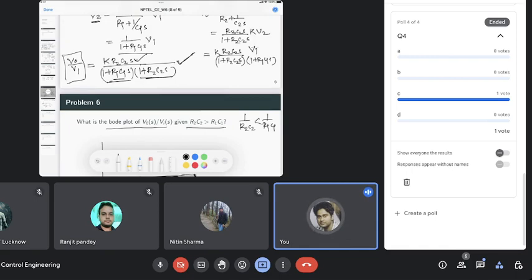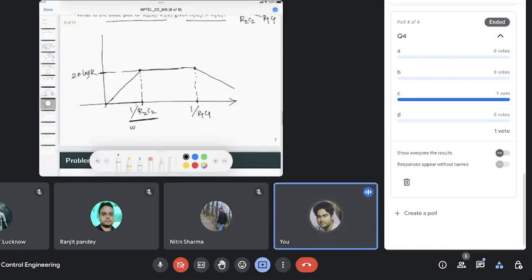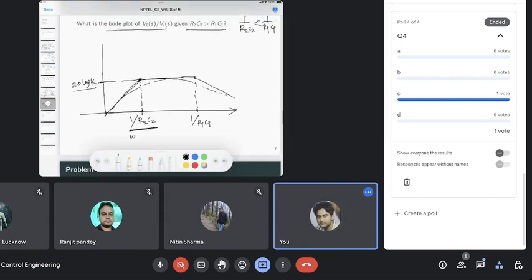It will be different because these are asymptotic plots. The original, I mean the exact plot, will be something like this, but you are just plotting the asymptotic plot. That's why this is just an asymptote, and this value will be 20 log k. Is it clear?